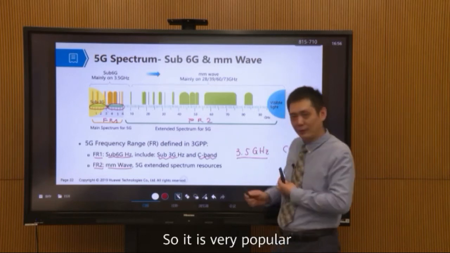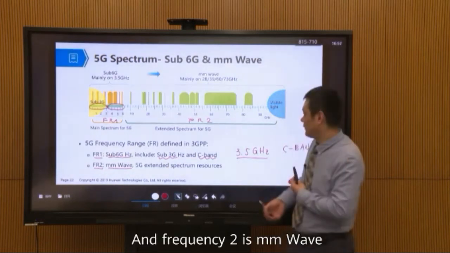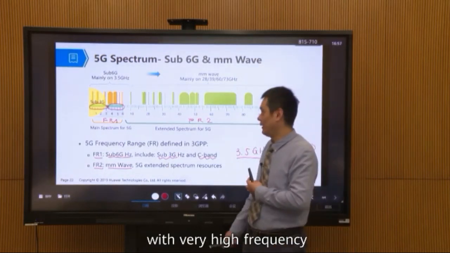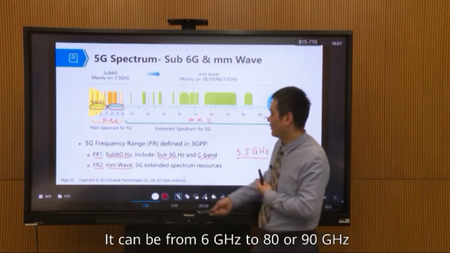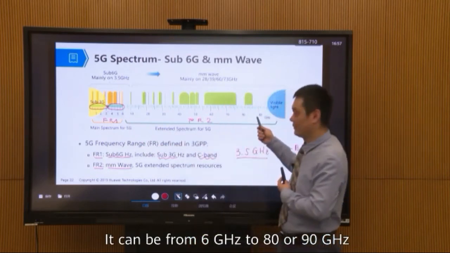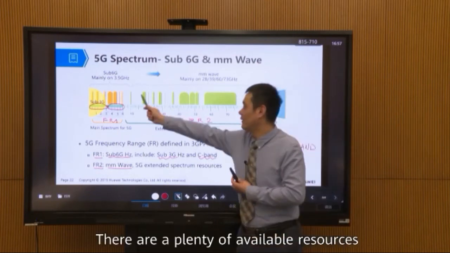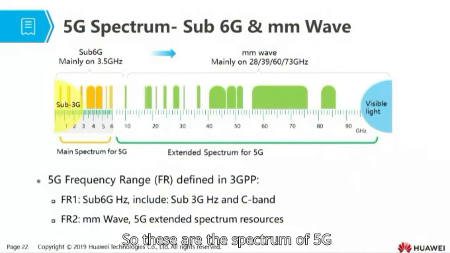So it's a very popular worldwide roaming frequency band. And frequency range 2 is millimeter wave with very high frequency. It can be from 6 giga to 80 or 90 gigahertz. There are plenty of available resources. So these are the spectrum of 5G.